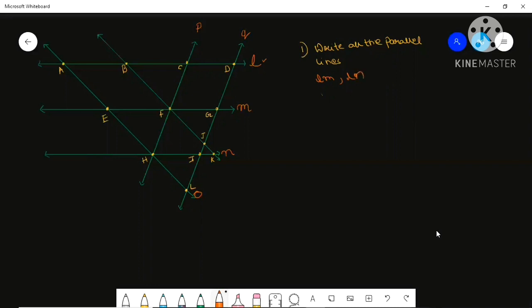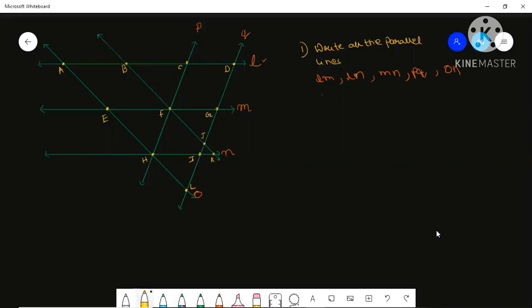So LM, LN, MN, PQ, ON. These are parallel lines. These are my answer for the parallel lines.